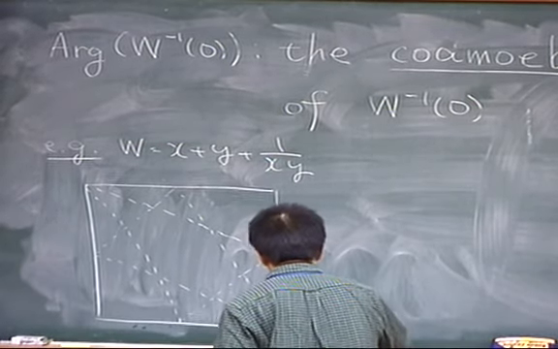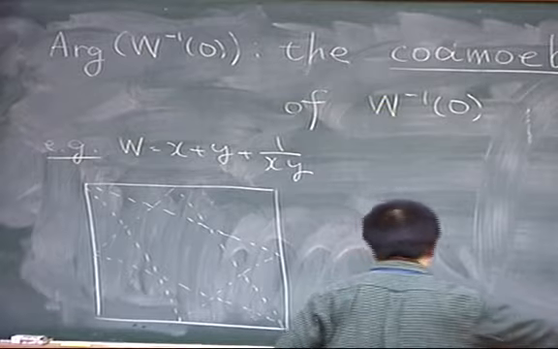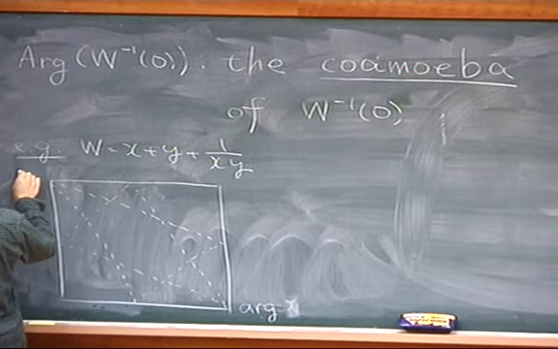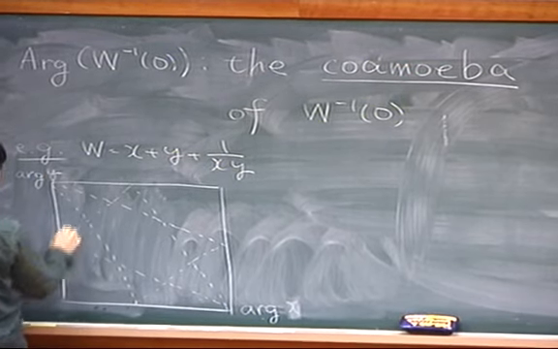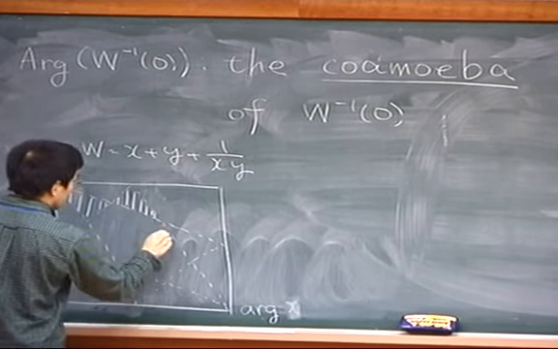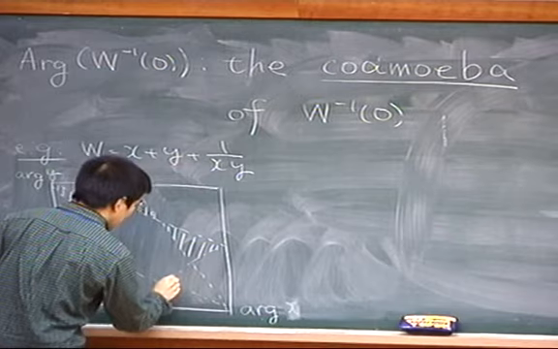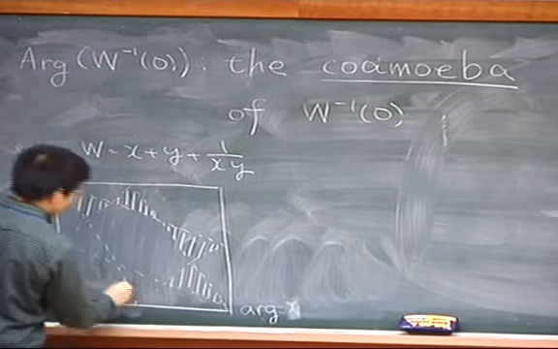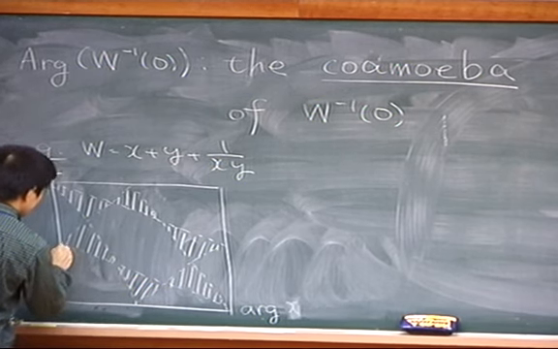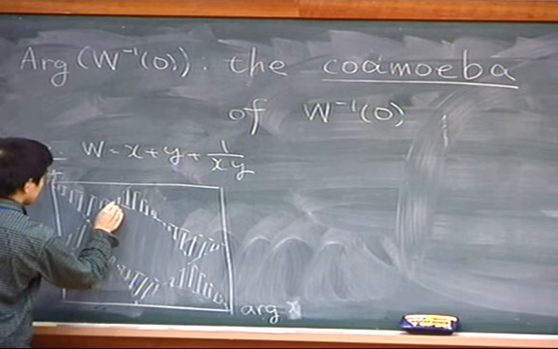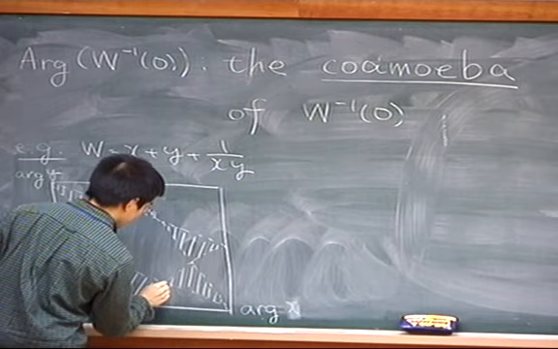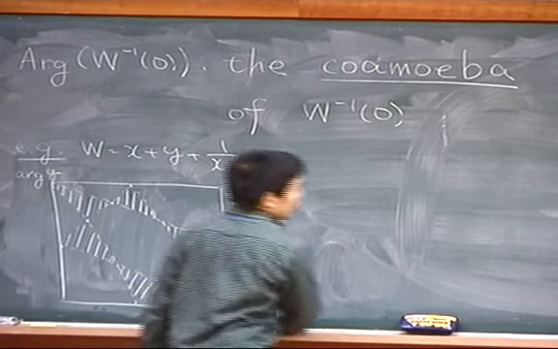So this is the argument x coordinate, and this is the argument y coordinate, and the coamoeba is the union of the interiors of 6 triangles and vertices. So this is the coamoeba of W here.